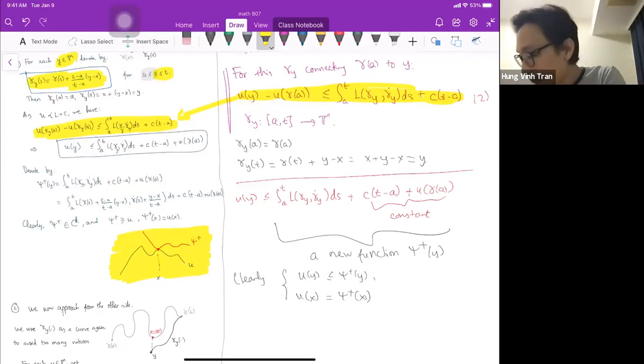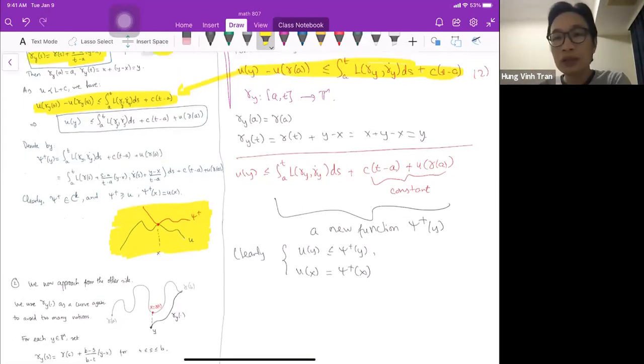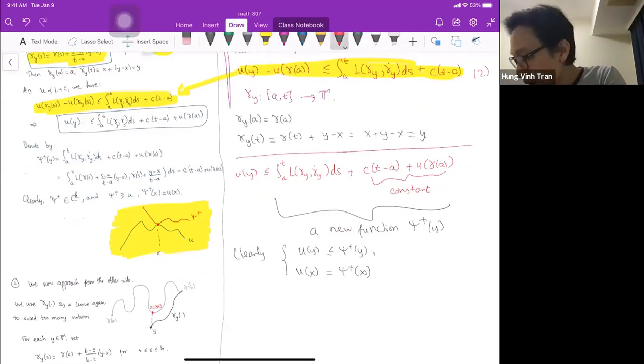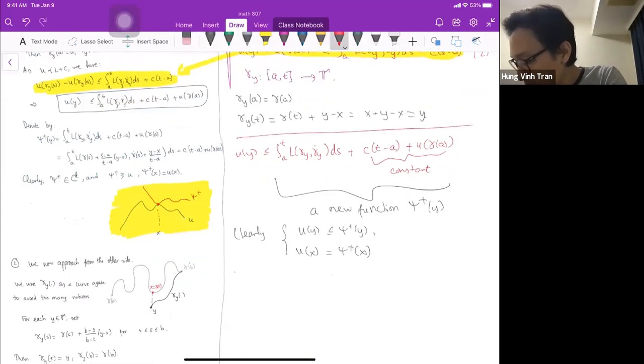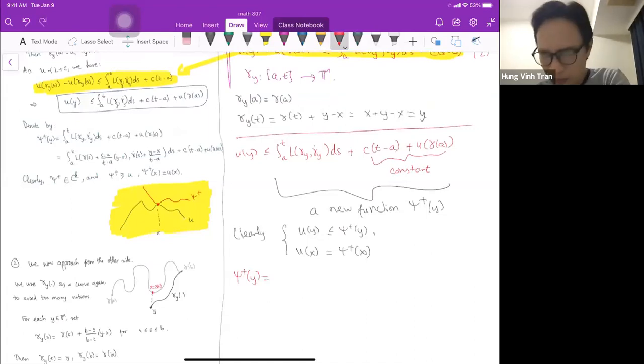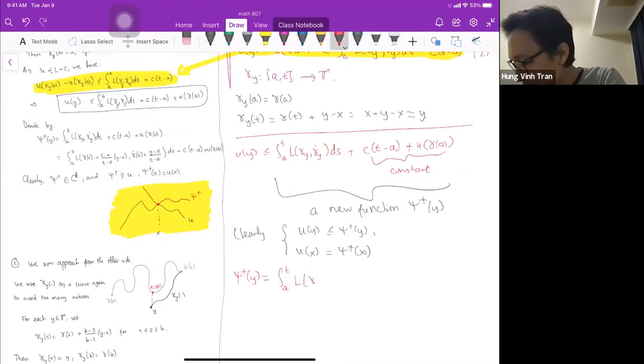Okay, and if you want to write down clearly what C plus is: C plus of y equals, again, the definition is the right hand side here. So you can write down the integral from a to t of L of gamma(s) plus (s minus I) over (t minus I) times (y minus x).